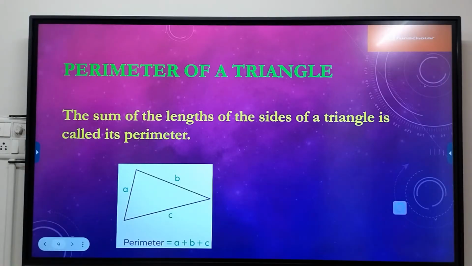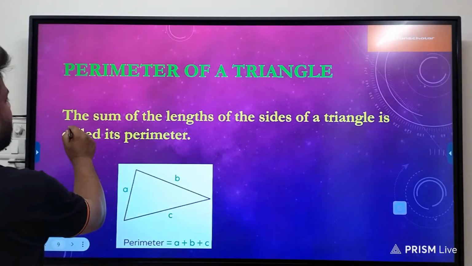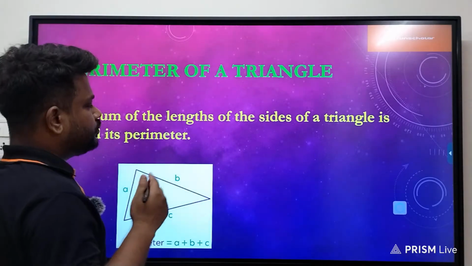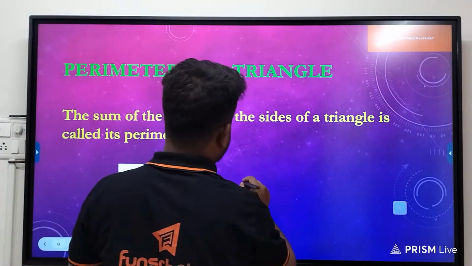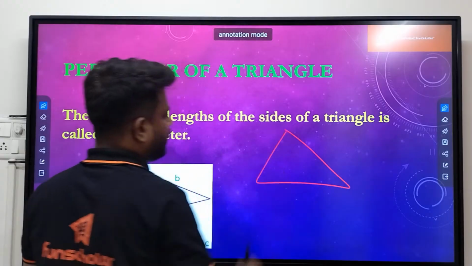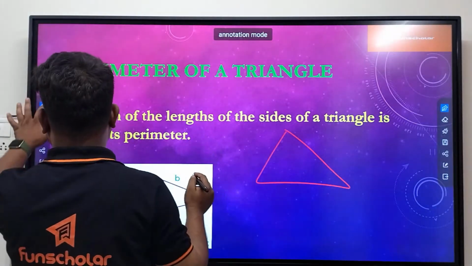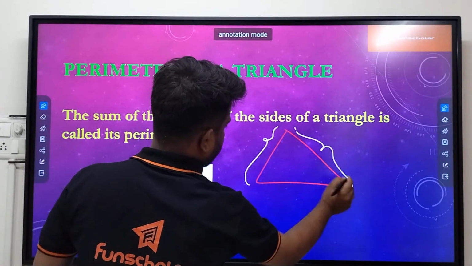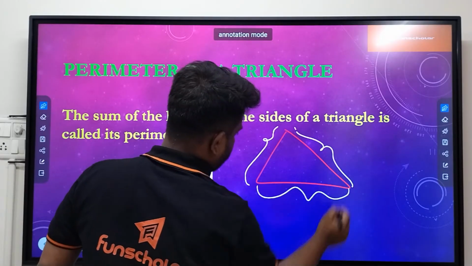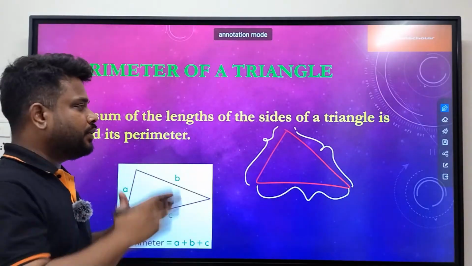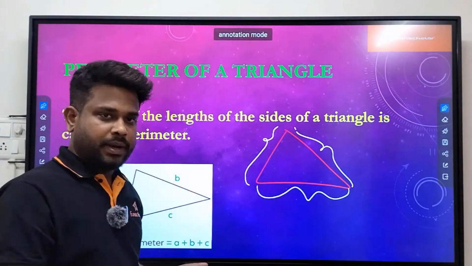Now, the perimeter of a triangle. Talking about perimeter, the sum of the lengths of the sides of a triangle is called the perimeter. That means if I draw a triangle, the lengths of the sides of this triangle will be added, and that will be called the perimeter.